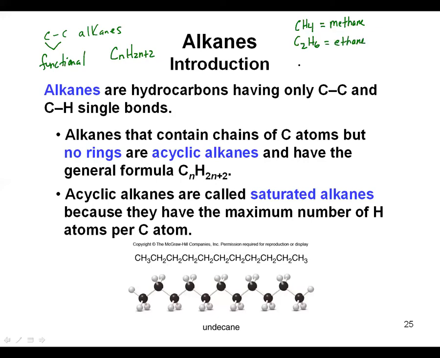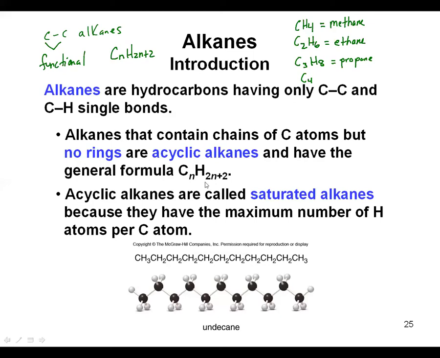If we go to 3 carbons, 3 times 2 is 6, plus 2 is 8 hydrogens. This is known as propane. You can get it right there. If we go to 4 carbons, 4 times 2 is 8, plus 2 more is 10.